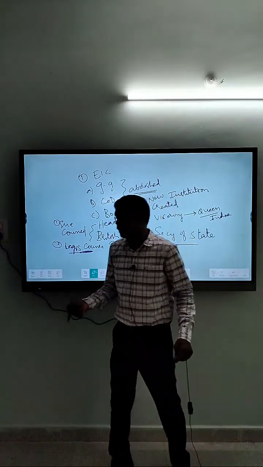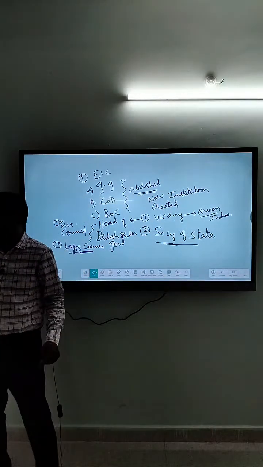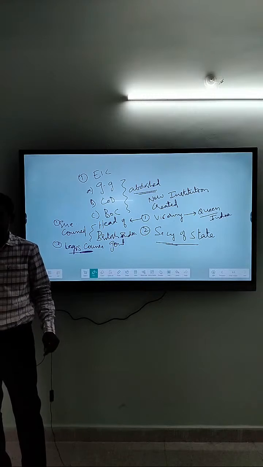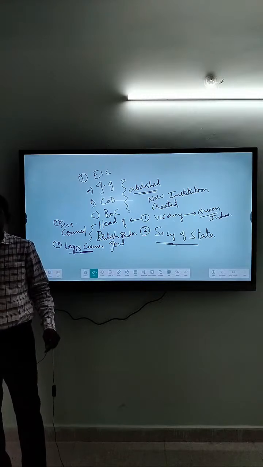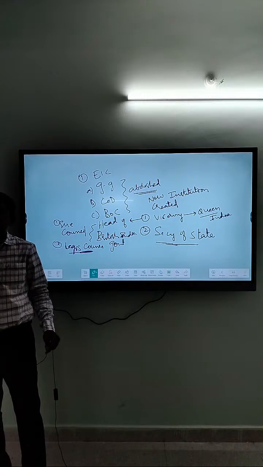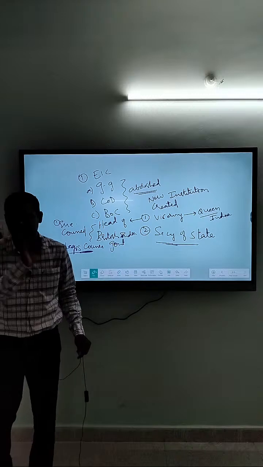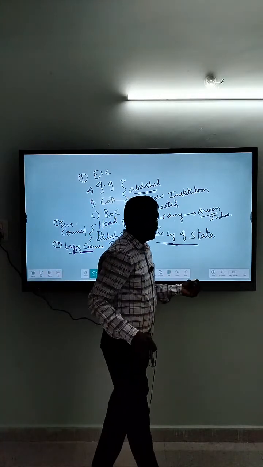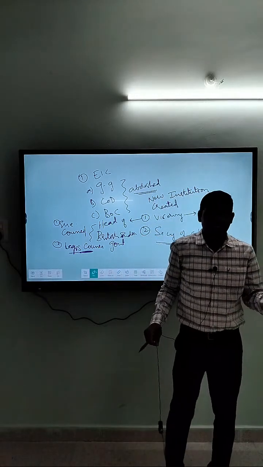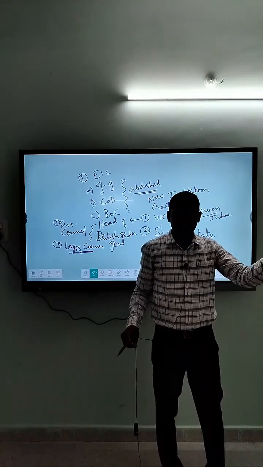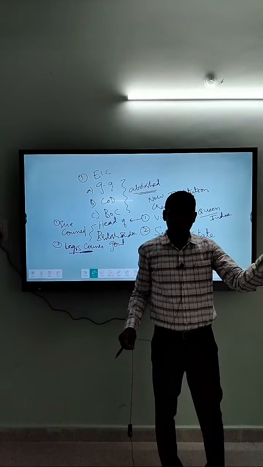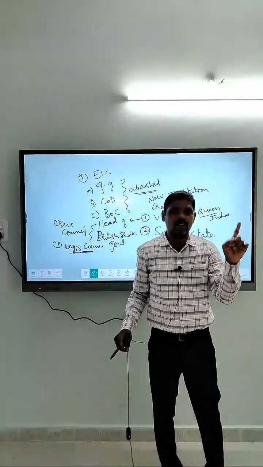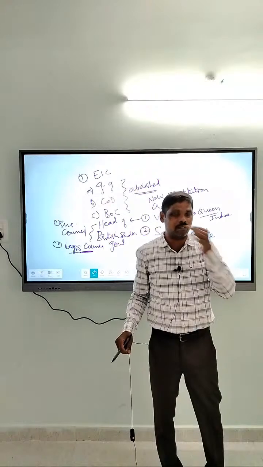So again, I want to stress one point. Whenever you are seeing a question, focus on each and every word in the question, because each word has a meaning. We have seen the Governor General of Bengal, and the Executive Council to assist the Governor General of Bengal.